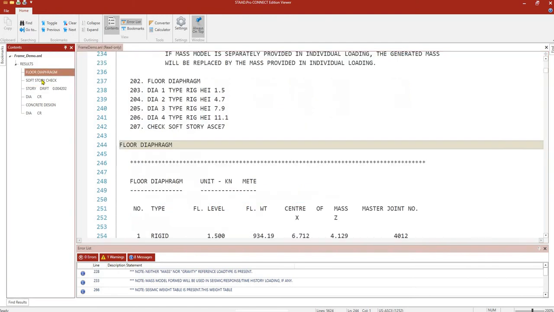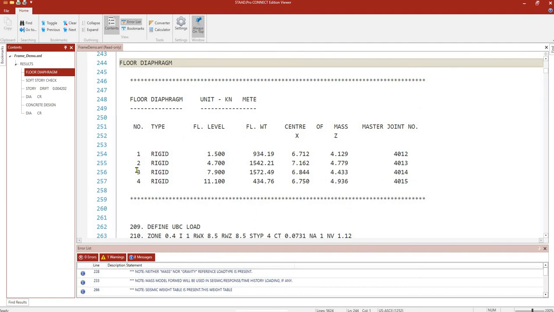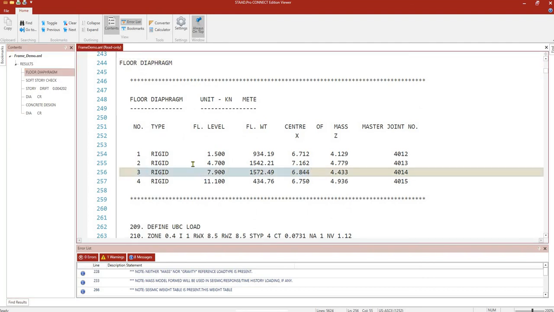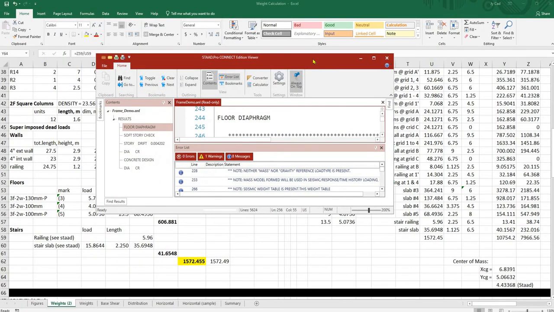Going to floor diaphragm. Ito siya. So at third floor, the floor weight is 1572.49. Ayan. Maliit lang yung difference. Tapos yung x coordinate is 6.844. Maliit lang ang difference.